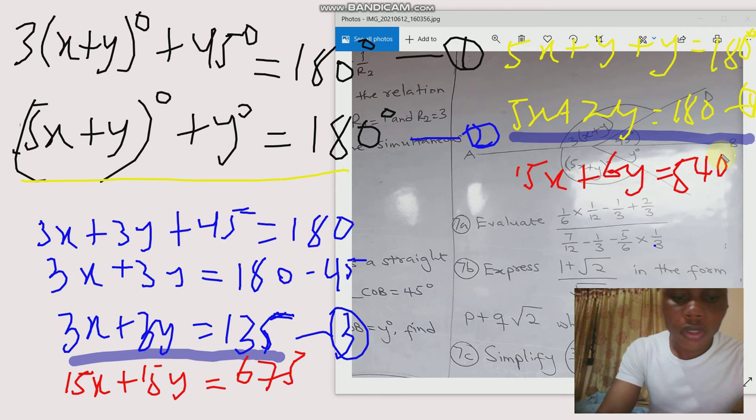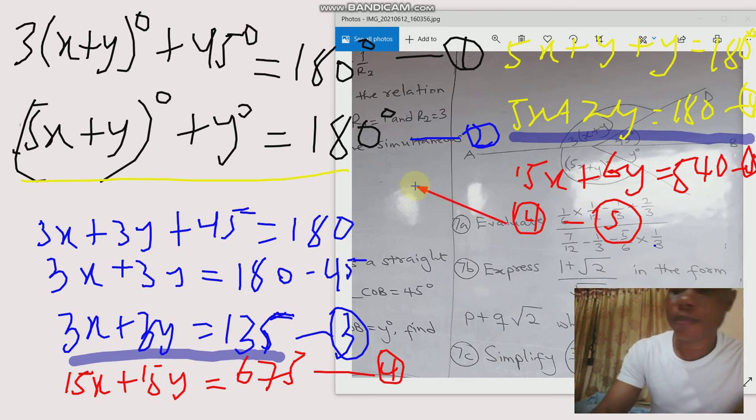So this will give me new equations 4 and 5. So I'm going to solve equation 4 minus equation 5.